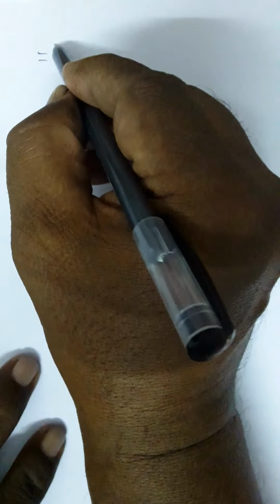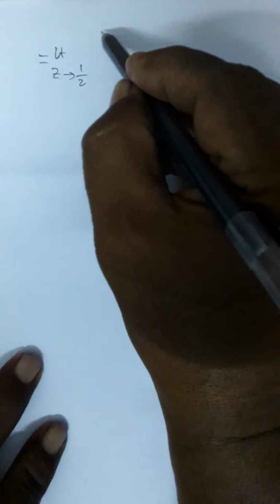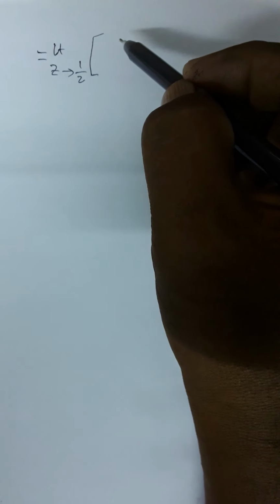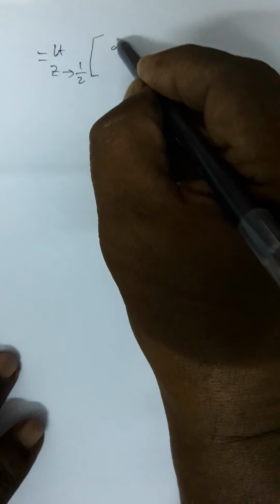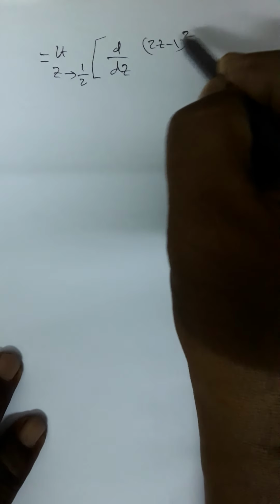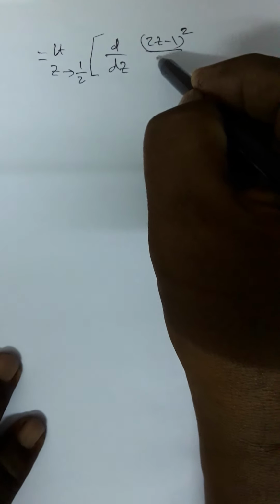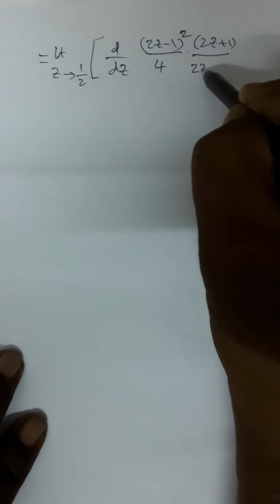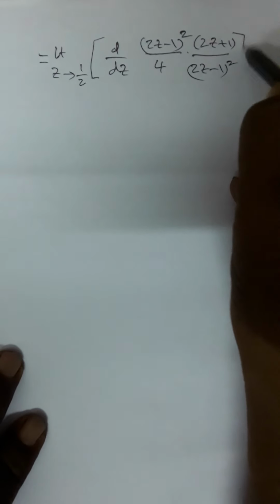So the limit as z tends to 1/2 of 1 by 1 factorial, that is 1, d by dz of (z minus 1/2) whole square, which is (2z minus 1) whole square by 4, into f(z). What is f(z)? It is (2z plus 1) by (2z minus 1) whole square.